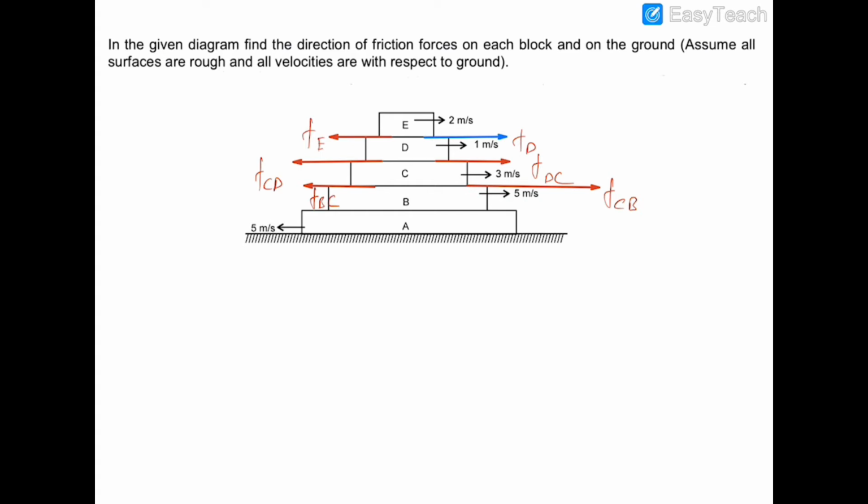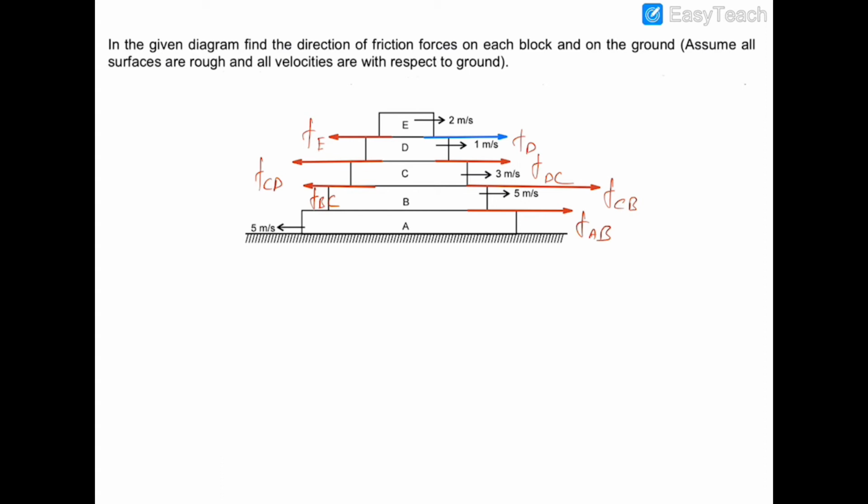Now A is moving in backward direction, so the relative velocity of A with respect to B will be in backward direction. So the friction acting on A due to B will be in forward direction, friction on A due to B. And block B is moving towards right side and block A is moving towards left side, and therefore block B has a relative velocity towards right side.